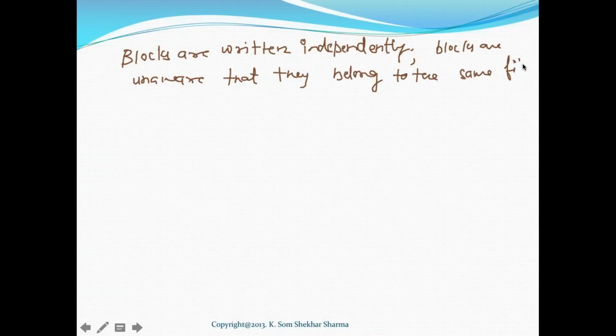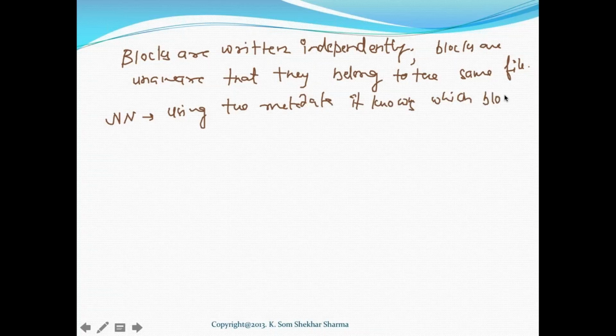The name node, using the metadata, knows which block belongs to which file, right?